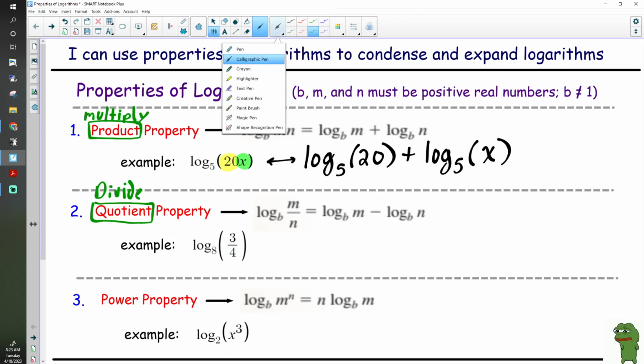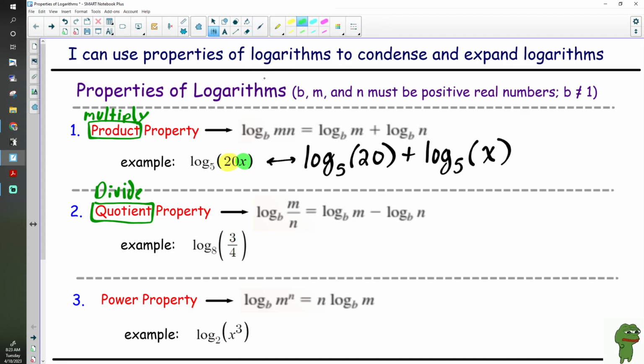In this example, we have log base 8 of 3 over 4. On the inside, we are dividing 3 divided by 4. Since on the inside of that log, we have two things being divided, we can rewrite them as two logs not being added, but being subtracted.